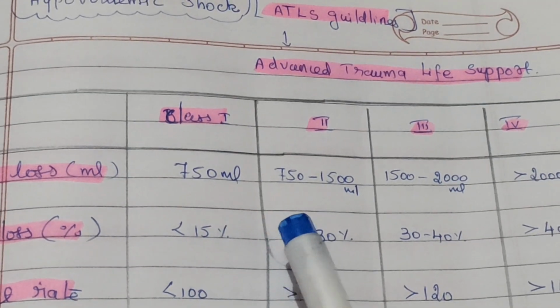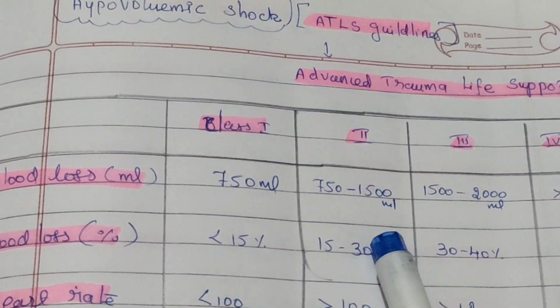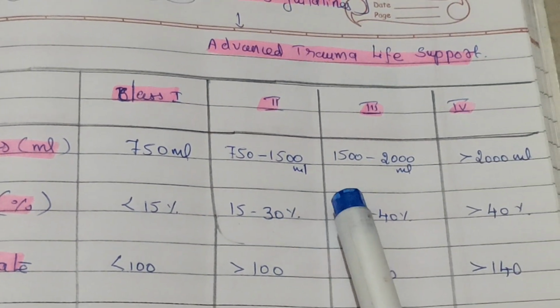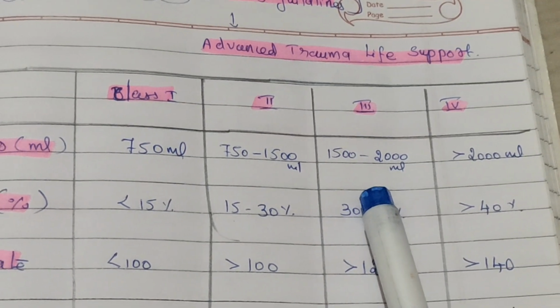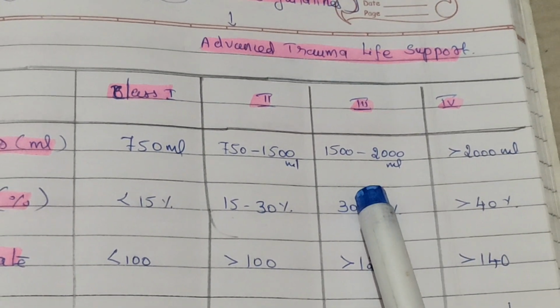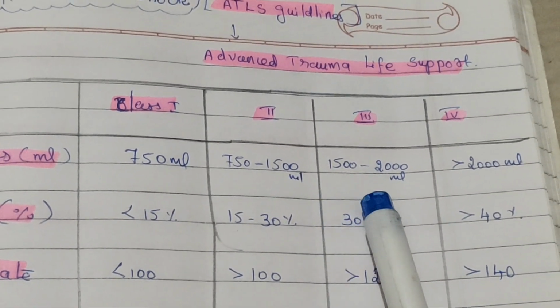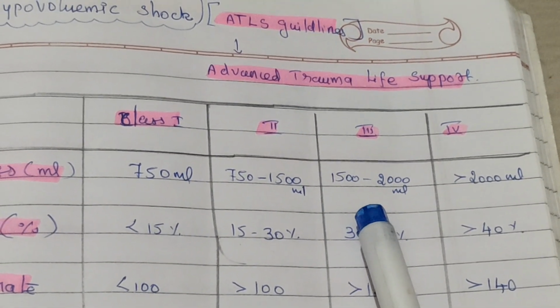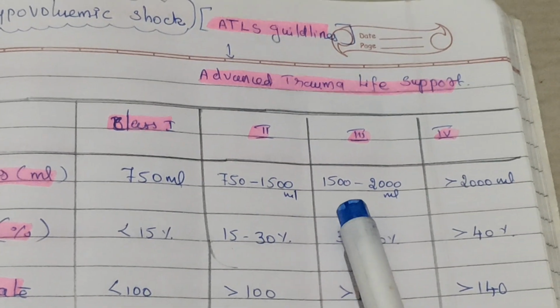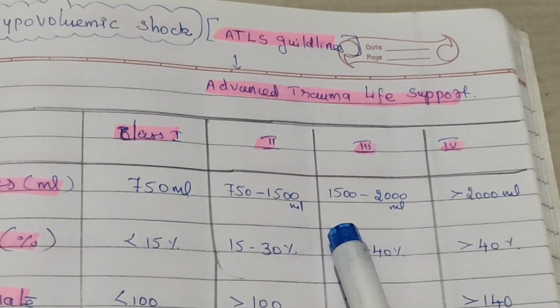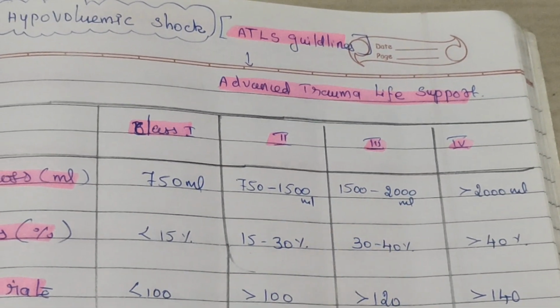Grade 2, 750 to 1500 ml. Grade 3, 1500 to 2000 ml. Grade 4, more than 2000 ml. So grade 3 hemorrhage means about 1.8 liters of blood loss.